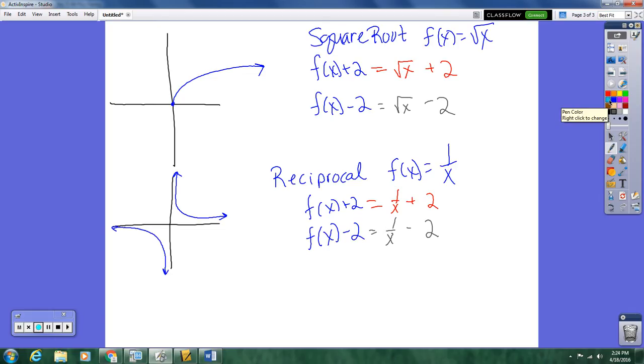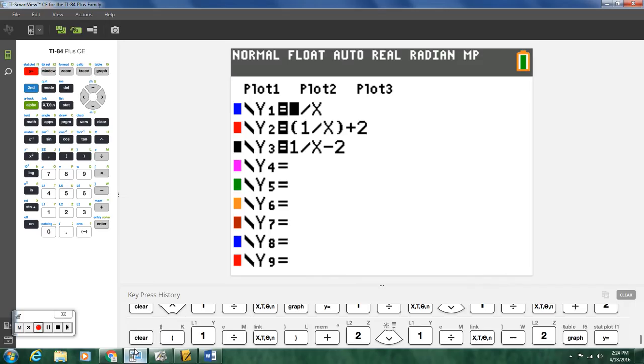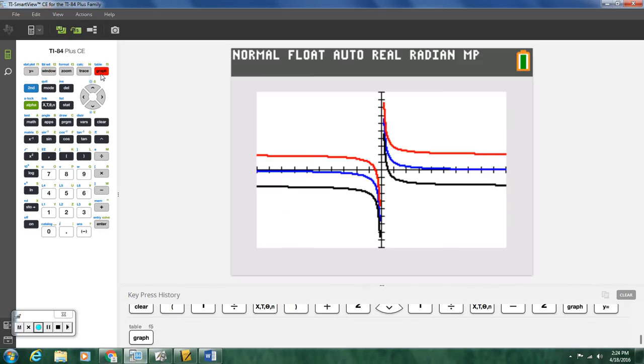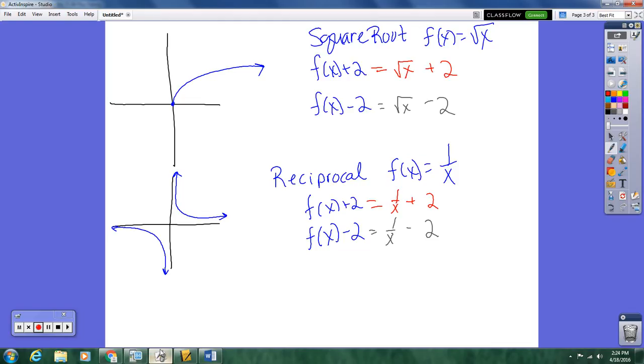Did I mess y'all up because I started with the bottom one? See, that's a general graph there.